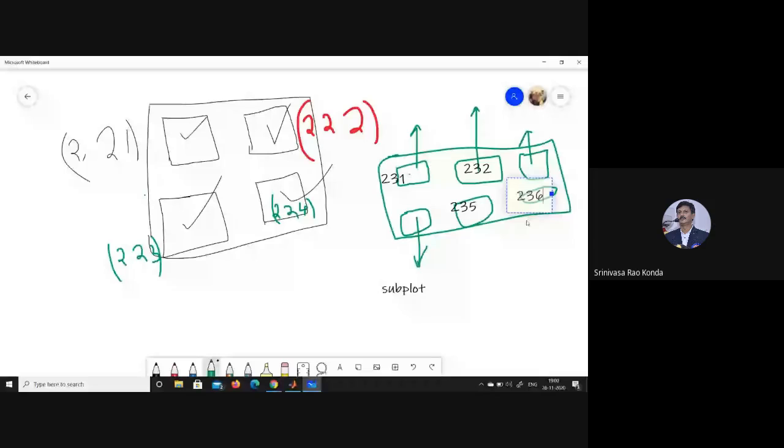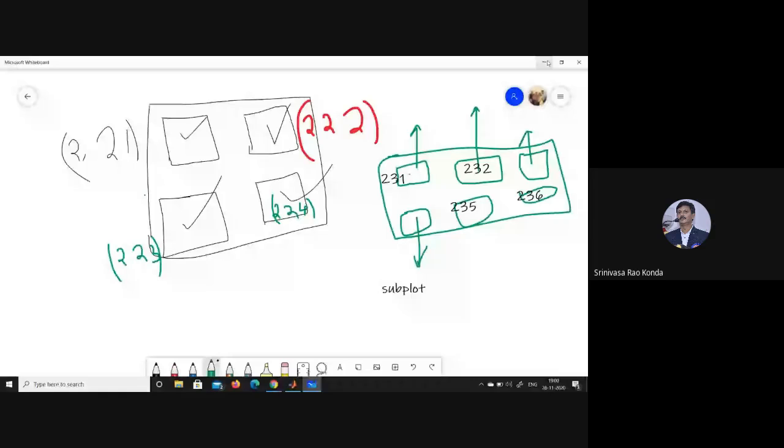Now we have an idea. Somewhat we can do. Now how to give these commands to MATLAB? See, listen. First, I want to plot.